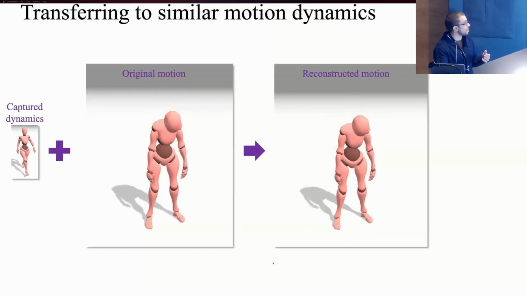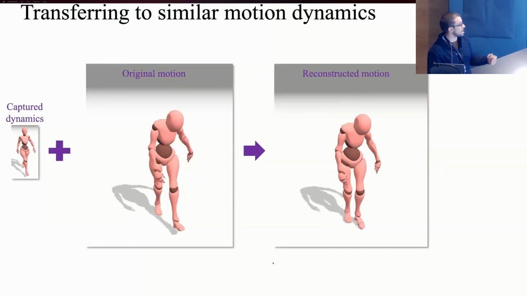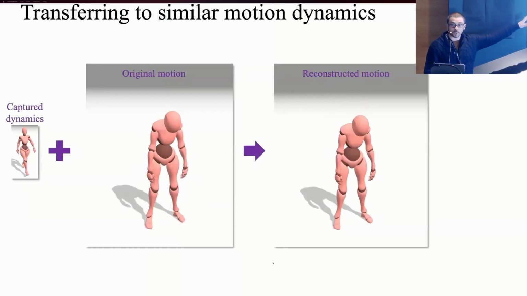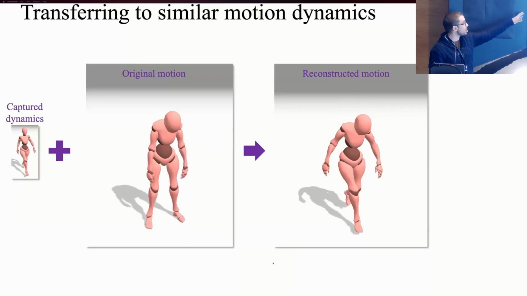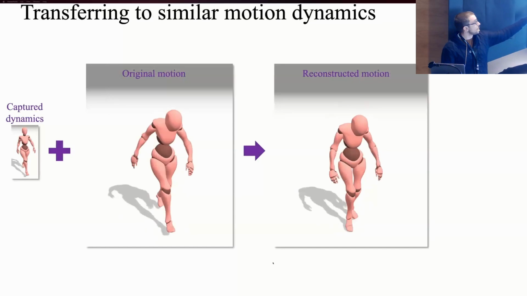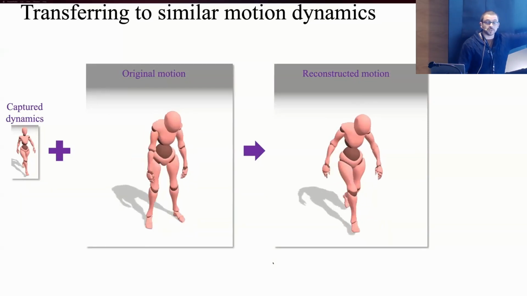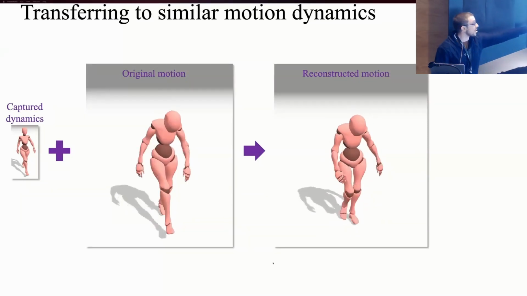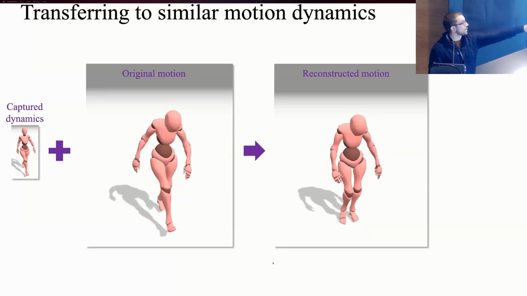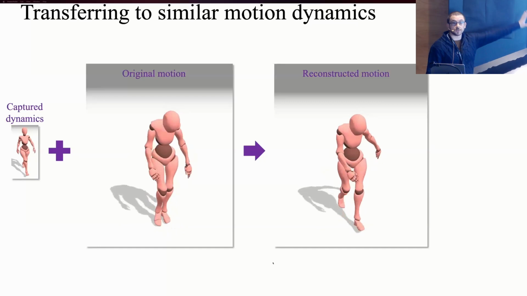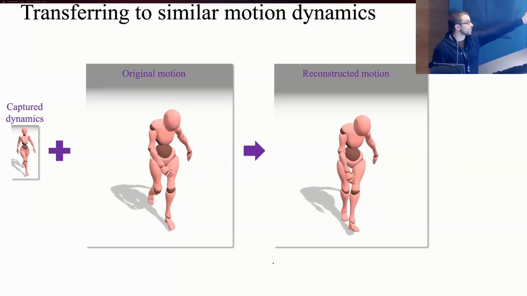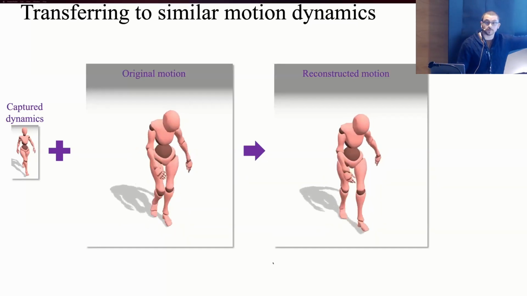And beyond that, what we did is that we could also transfer the captured dynamics from an original motion sequence, like the walking one, to another motion sequence that follows similar dynamics, like this sad walking, and reconstruct the motion with the given dynamics, the original captured dynamics, not retraining our controller on the new sequence.